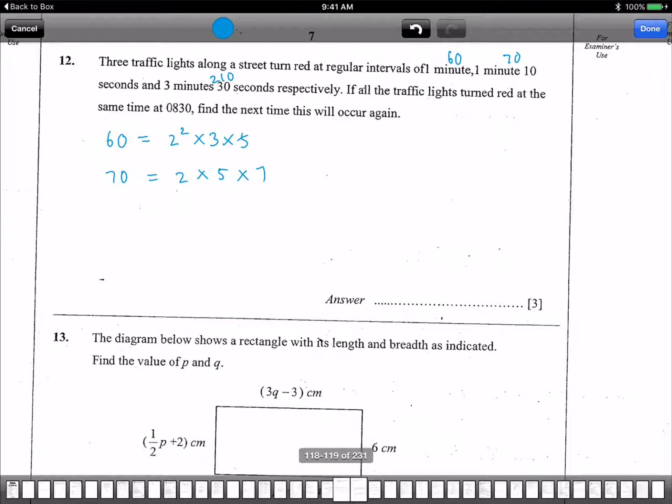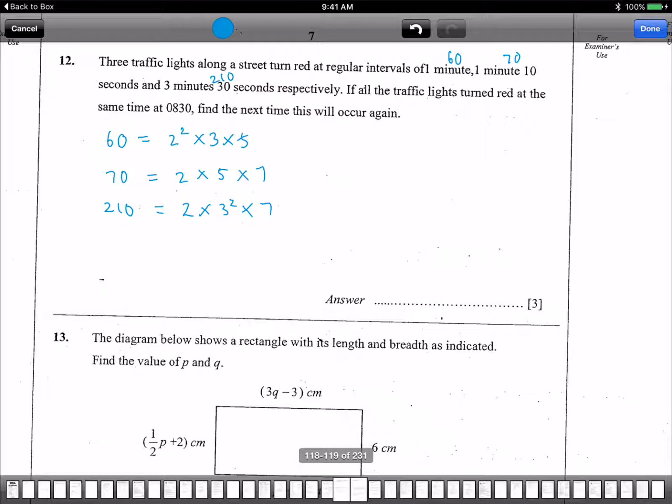Okay, so that's 70. And then 210 is 2 times 3 times 5 times 7. Okay, looks weird.